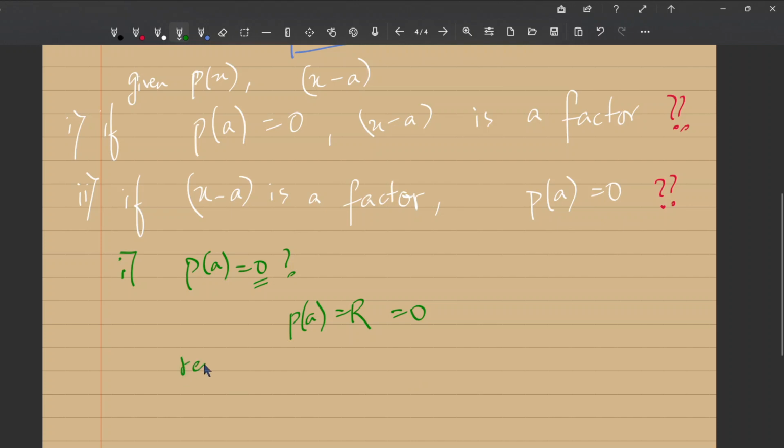So the remainder of division of p of x by x minus a is 0.